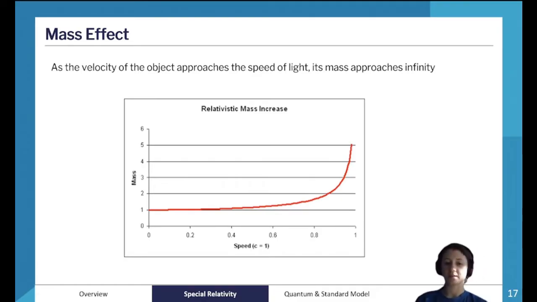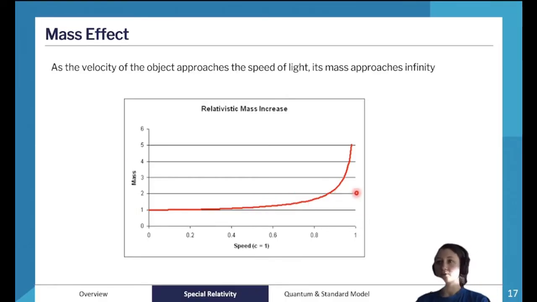As you can see, when the speed is very, very small or close to zero, the mass is 1. As the speed increases, and particularly just about by the time we hit a half, it really starts to increase. The mass increases exponentially.